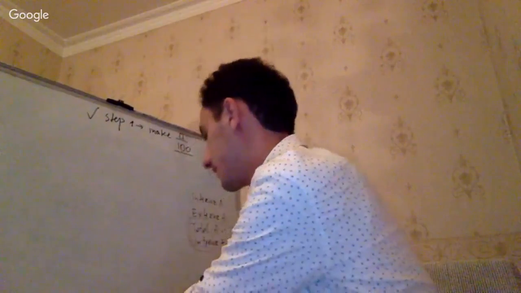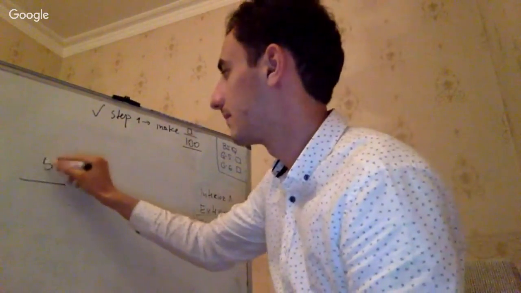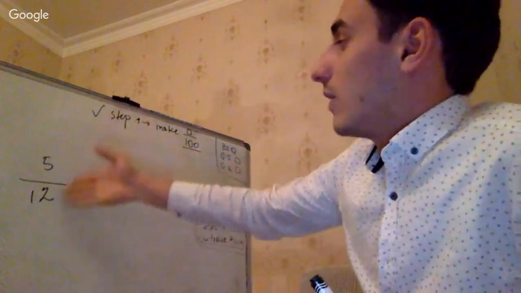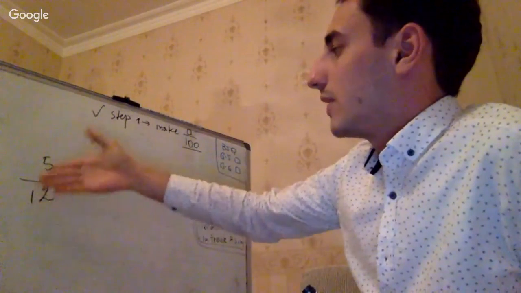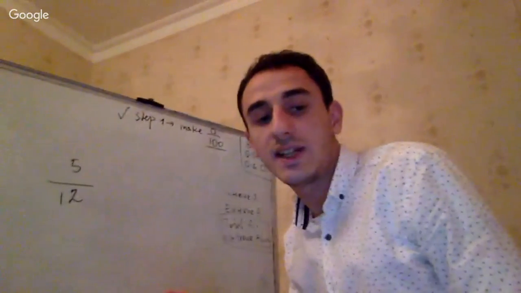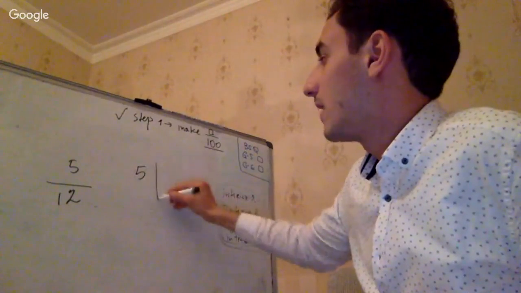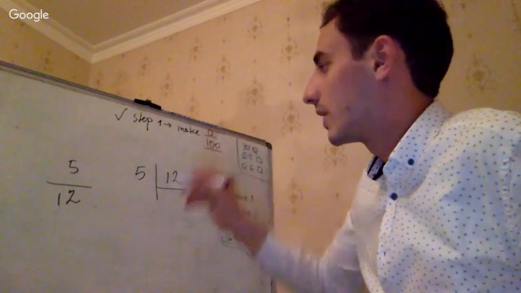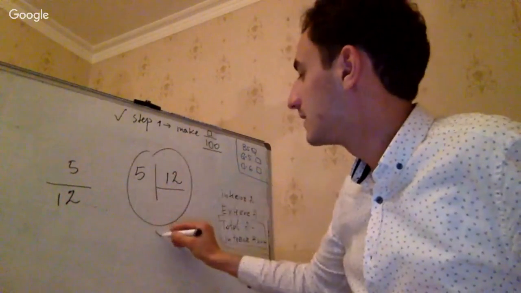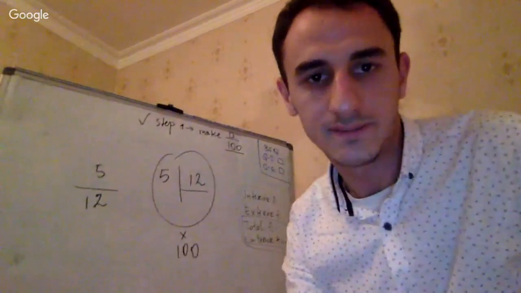But if it is not possible, which is the last example you asked, 5/12, I mean, in 5/12, you can't divide by 5, you can't divide by 2, you can't divide by 3, okay, you can't simplify the fraction. So in this case, what we need to do? We need to divide 5 by 12, okay? And then multiply the result by 100. So how to do it?